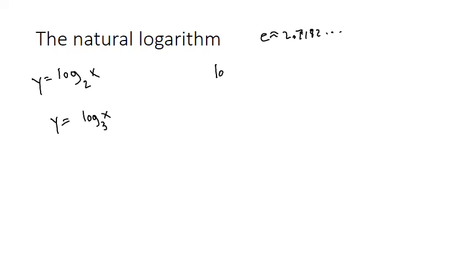So we technically could have something that looks like y equals log base e of a certain number. But that's entirely too much to write. So what mathematicians prefer to do is simplify it and call log base e the natural log or natural logarithm. So y equals ln of x is another way of writing that. All this means is that we're doing a log and the base is e.